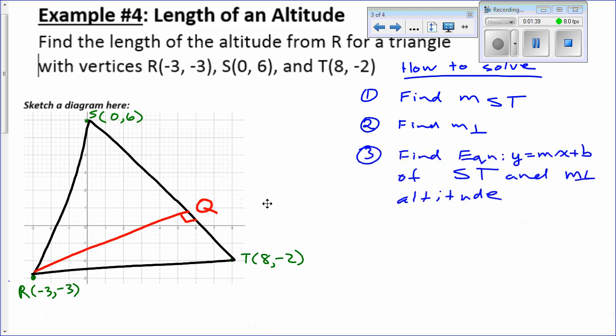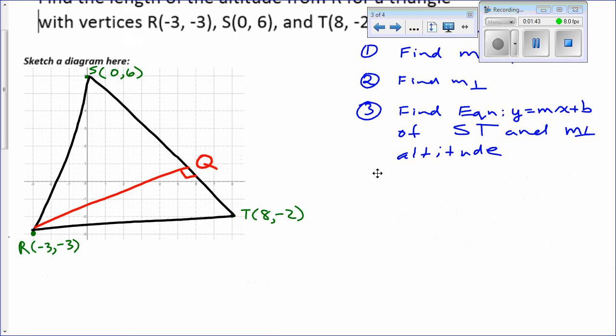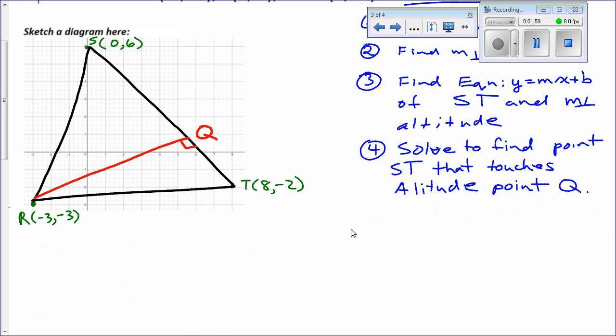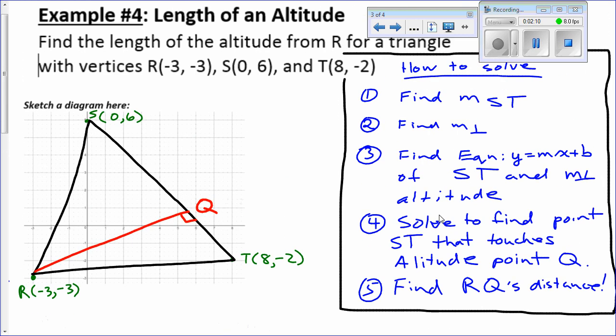That's what we would do as our third part. Then, in order to find this Q value, which exists on both this line and this line, we're going to solve by either elimination or substitution based on the two equations we found. And finally, once we've found this point, we're going to find the distance for RQ. So just take a moment and write that information down.